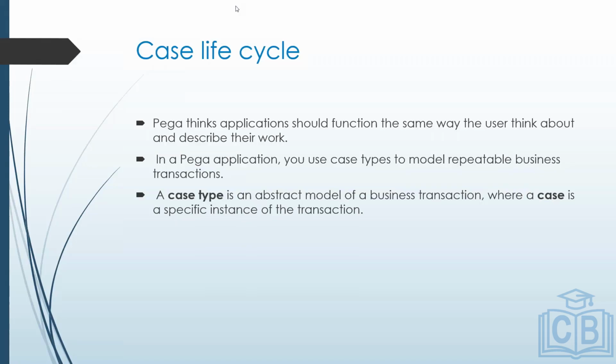To give you a simple example, suppose we place an order on Amazon. Once I receive my product, the case life cycle should end there. It cannot go on and on, continuing in the same transaction until I order the next product.